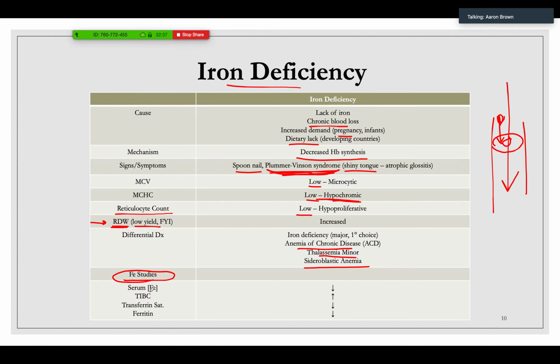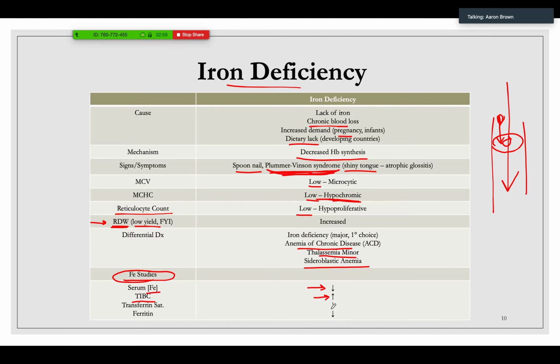Number 1, our serum iron concentration is going to be low. It's going to be decreased. Our TIBC, our total iron binding capacity, goes up. The amount of proteins in our bloodstream that have the ability to bind iron is increased because those proteins are not bound to iron.